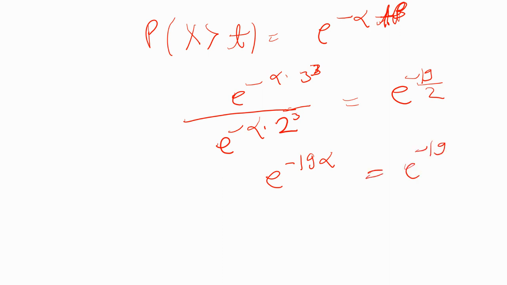So it will be e to the power minus 19 alpha equal to e to the power minus 19 upon 2. Alpha is equal to 1 upon 2.